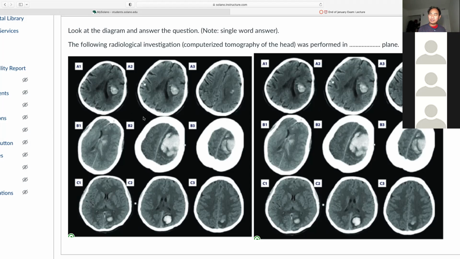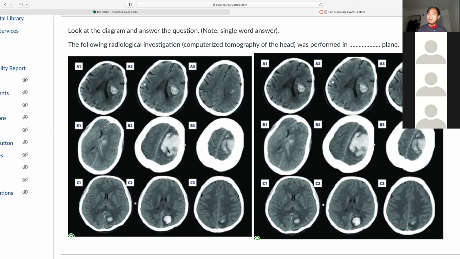Because if that's the front of their head, they're lying down. It's like a reverse image, like looking in a mirror. Just keep it simple. The image right side is the right. So it's the left side?